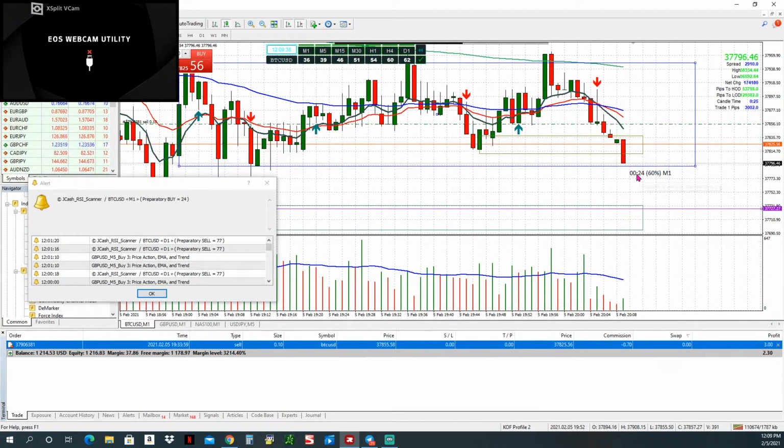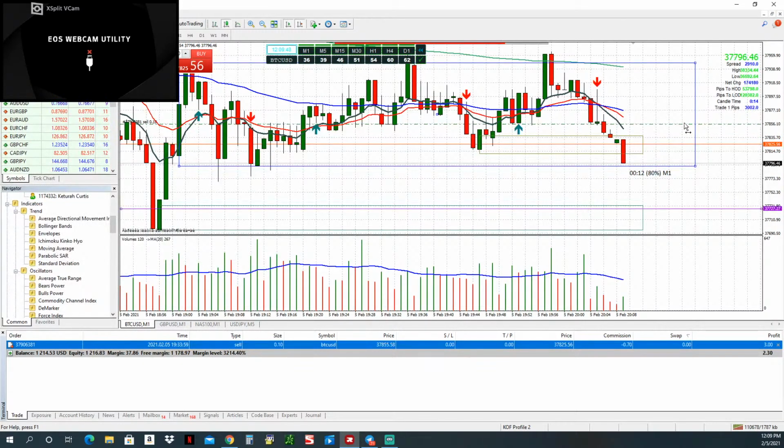We've got 4 seconds left. Will it reject and go back? Or are we good? I just need to close outside this. If it closes outside of this, I know it's going to head to where I said it was going to head. I'm in profit.